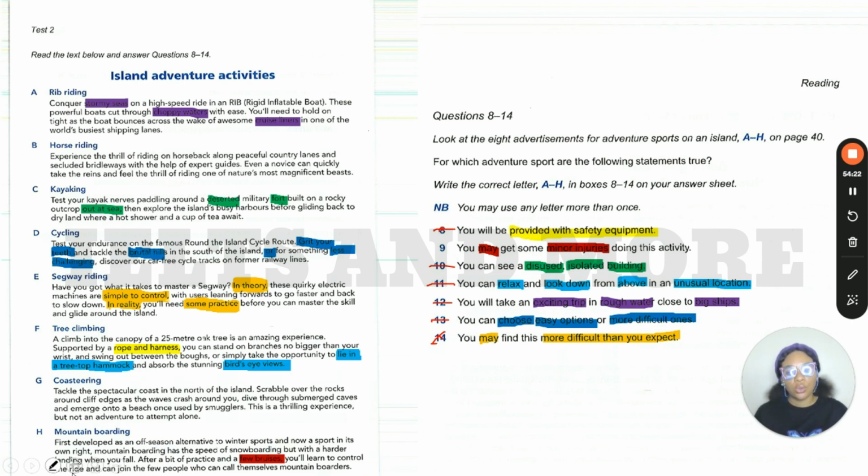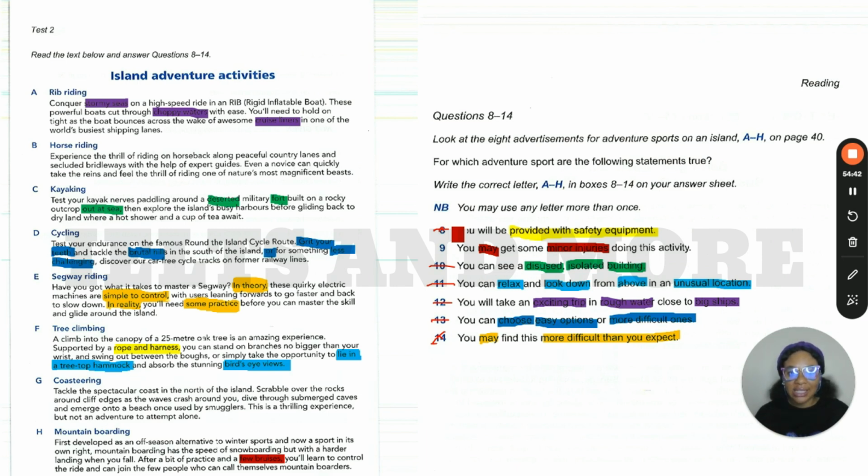Okay, so that leaves us with all the answers, right? Using the color codes, let's start from the top since we've answered everything. Number 8 is F. So you notice that F has 2 answers.